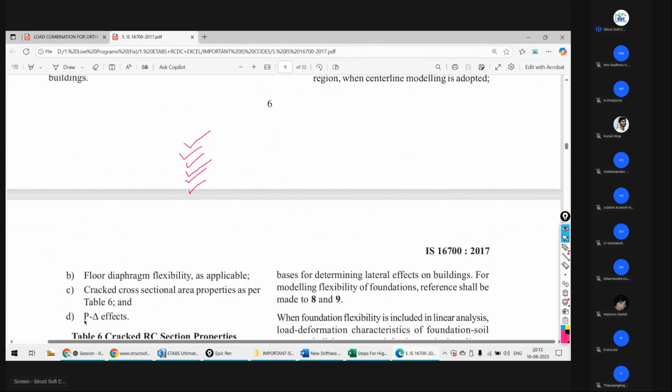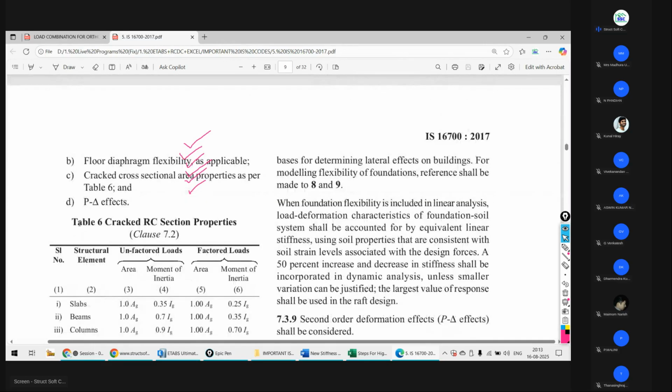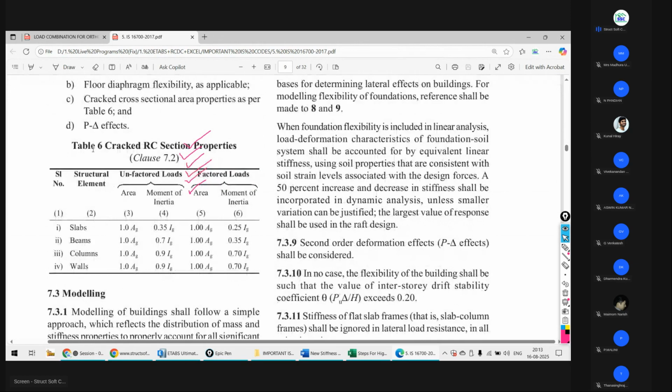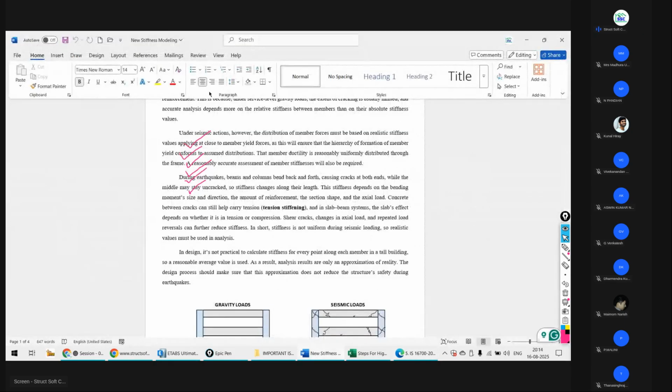Amongst them, P delta analysis and diaphragm concept, all these things we have implemented. One thing was remaining, that is cracked section cross sectional area properties as per table number 6. Table number 6 has recommended that we should consider the cracked section. So what does it mean? Let's try to understand in detail.